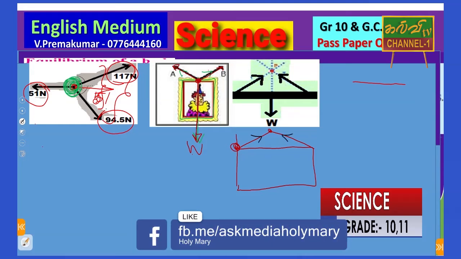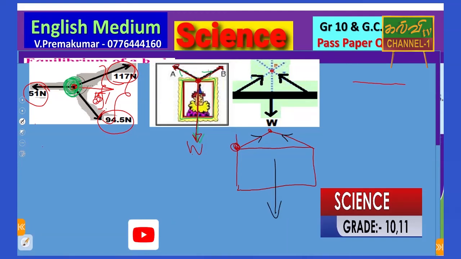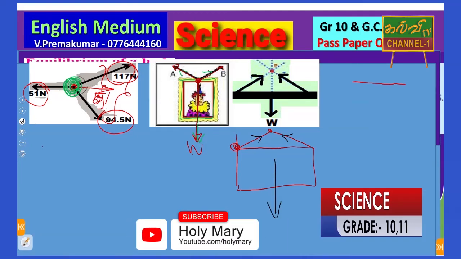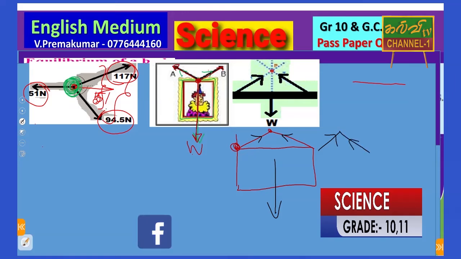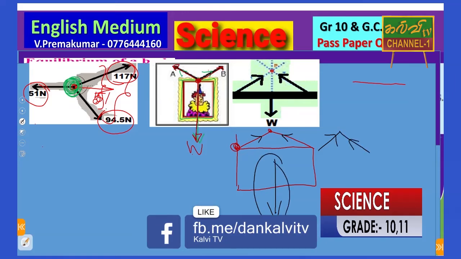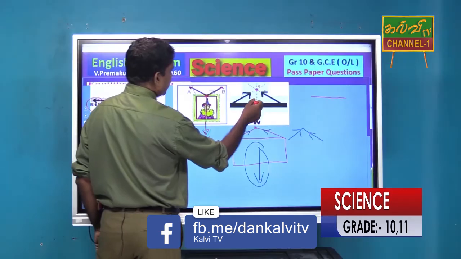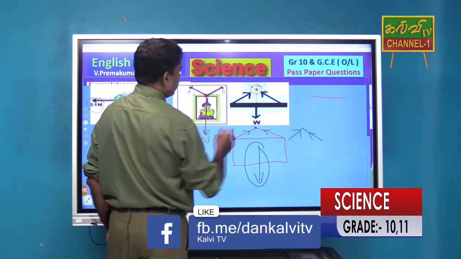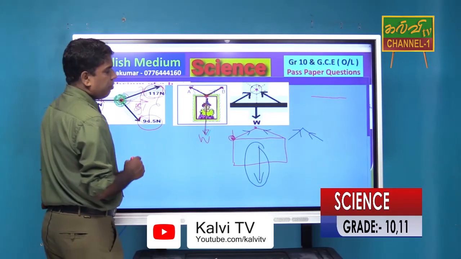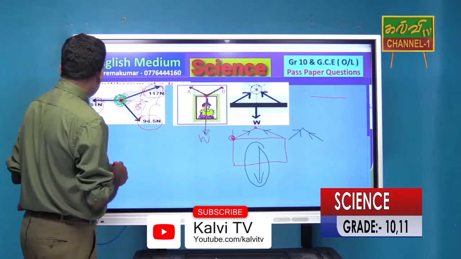The weight is always towards the earth. Therefore the third force does not meet at the point directly, but anyway indirectly it meets at a certain point.